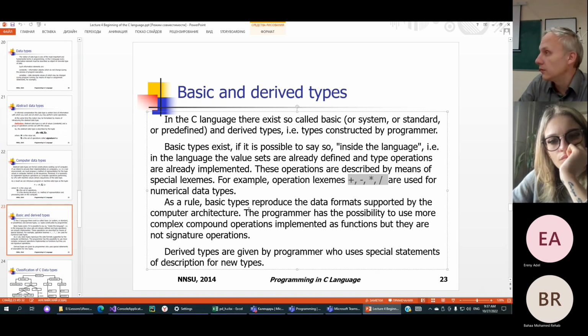But for derived data types, the data types that are defined by programmer, their operations must be defined manually.